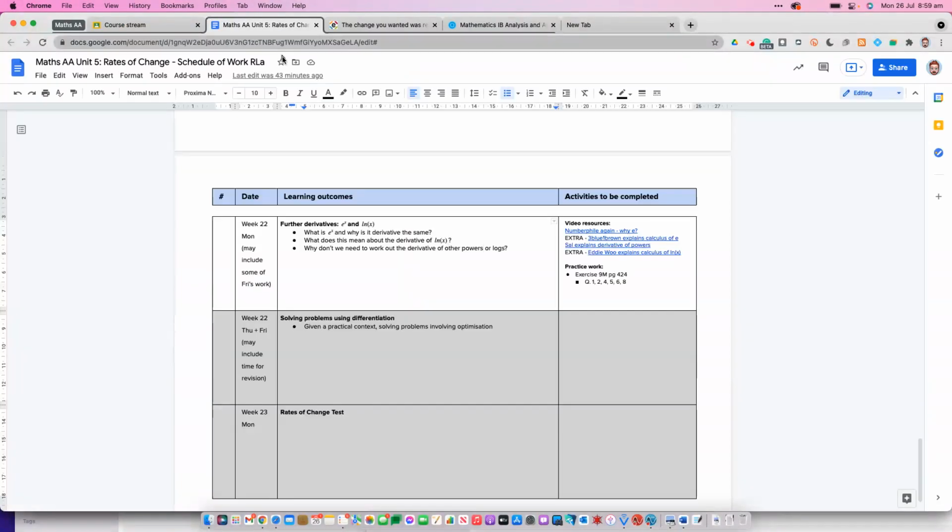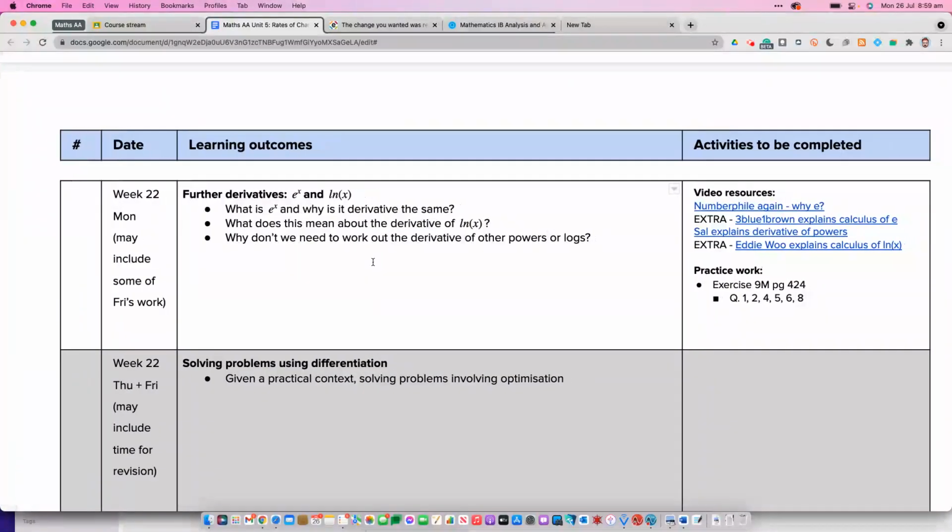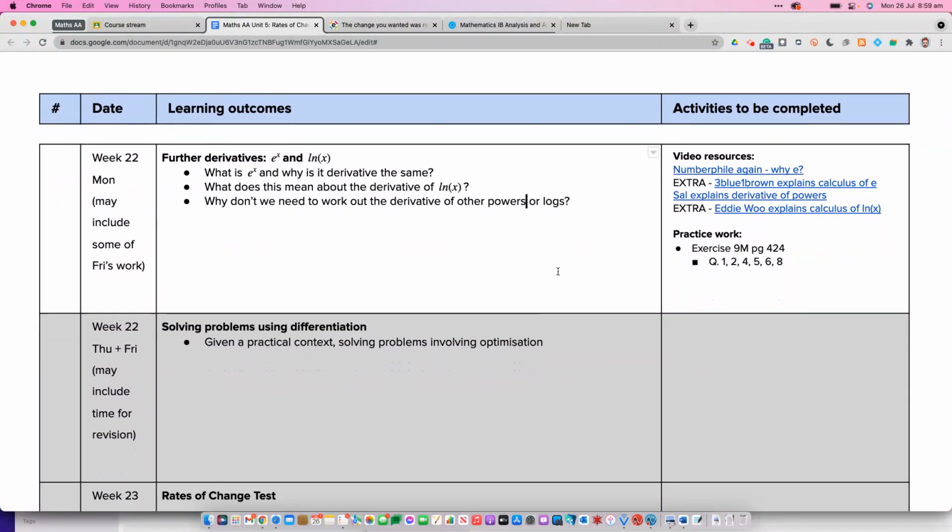I want to show you that on your schedule of work, this is Monday's work. There are videos here. This one here I think we might have seen before, but it's a re-explanation of what e is and the special properties of e. 3Blue1Brown does a really good explanation of the calculus of e.